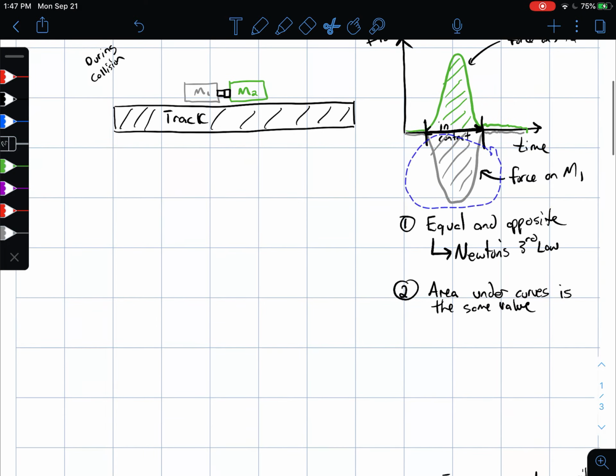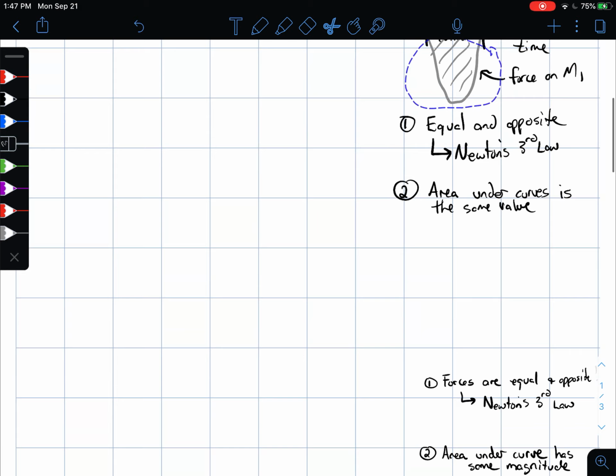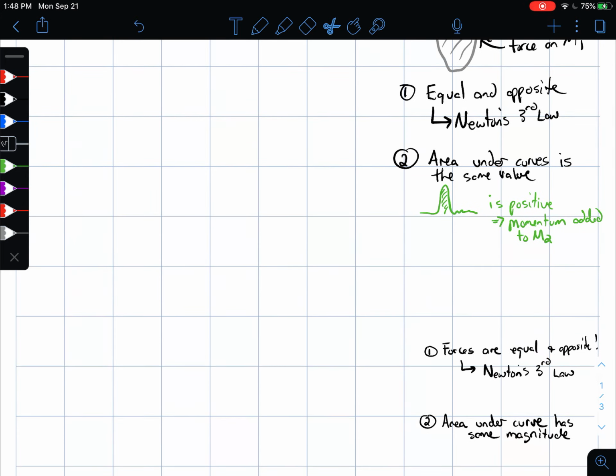And so if I were to just re-sketch this, as a little note down here, this area under the curve is positive. This means that momentum was added to M2. All right, let me just erase this stuff.